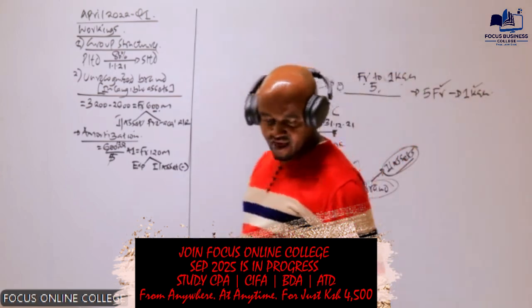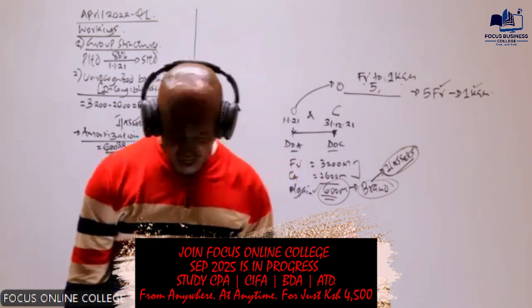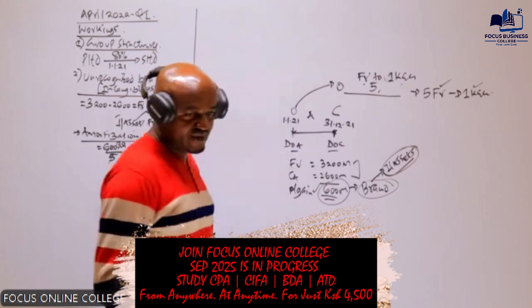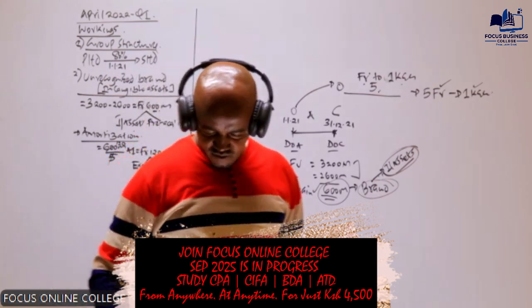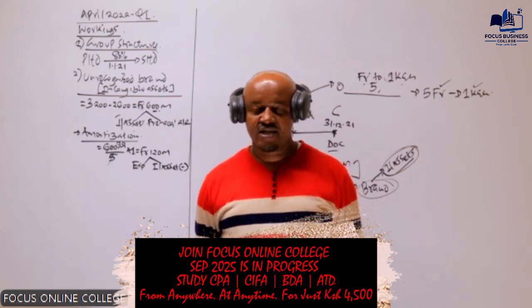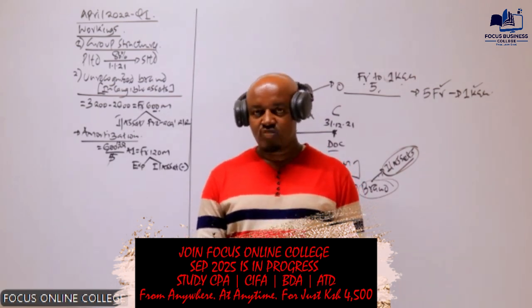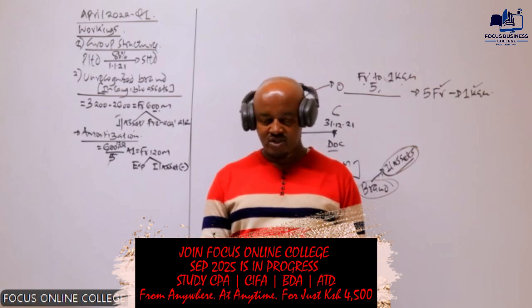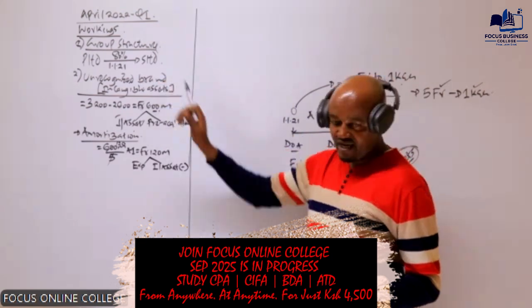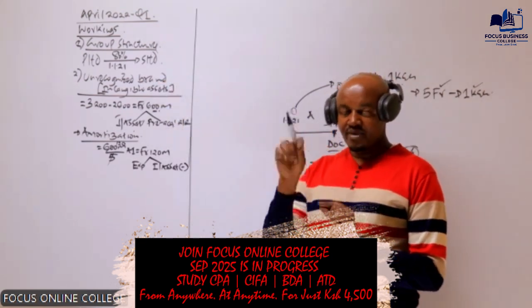Having that information, we can go straight to answering our question. We are going to start with Roman 1. The first thing we need to do is compute the goodwill arising from acquisition. Remember, we compute the goodwill arising from acquisition of this subsidiary using the foreign currency.